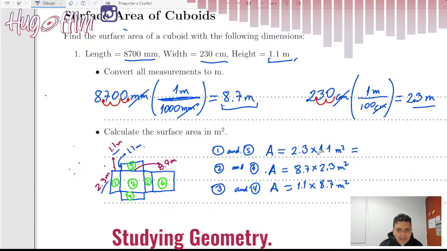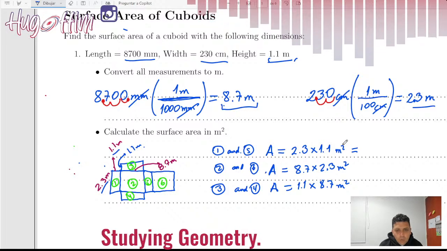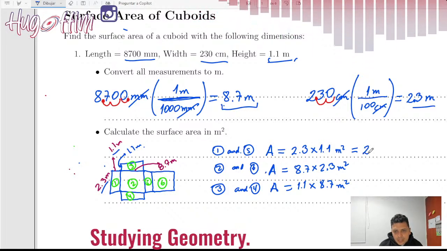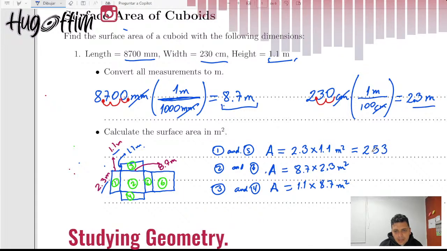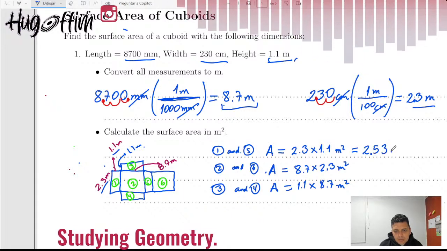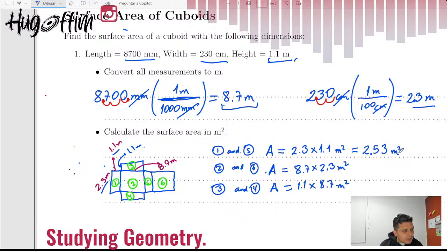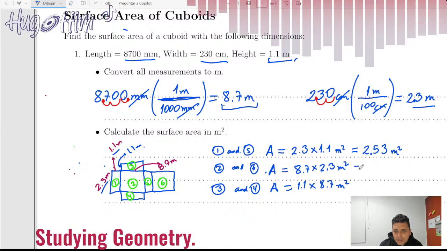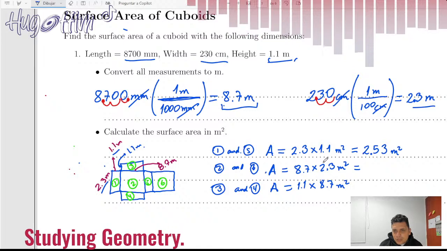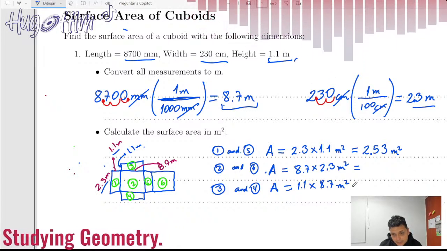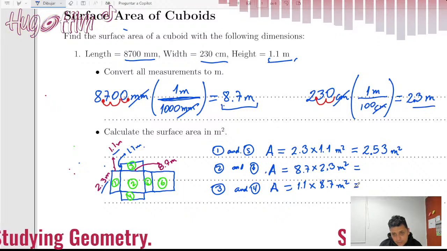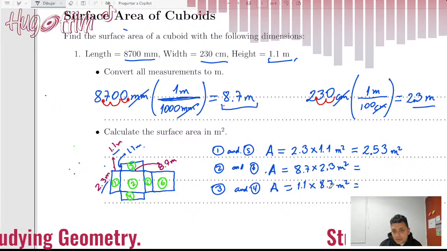Now I'm going to multiply these numbers. 2.3 times 1.1 is going to be 253, and I have to put 2 decimal places: 2.53 square meters. Here this multiplication I must do in another place, 1.1 times 8.7, I better do it in another place as well.